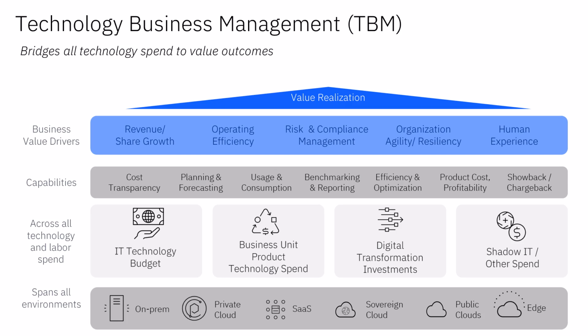So, the TBM Council standardized on a TBM taxonomy to help take the guesswork out of naming and organizing cost structures. The TBM taxonomy translates from a financial view to a technology view to a business-facing view with terminology that makes sense to each audience.